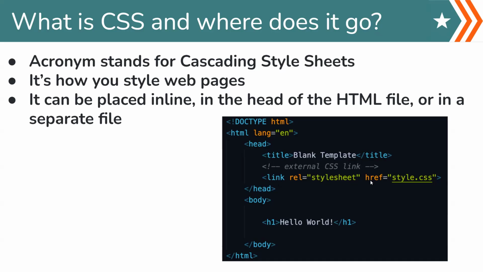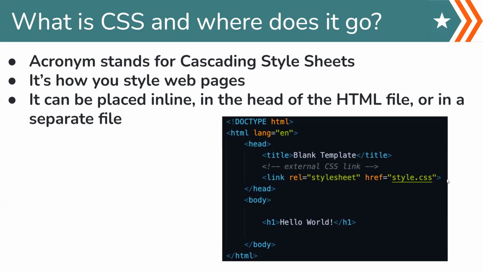I was wondering, Roger, does it have to be in the same, say, directory, or can it be in a different folder somewhere? And if you link to it, it's going to use it. It does not have to be in the same directory. It just needs to know how to find it. For example, if it's in the same directory, all you have to do is give it the name and .css because it doesn't have to look for it because it's right there.